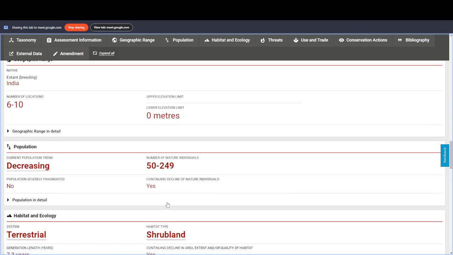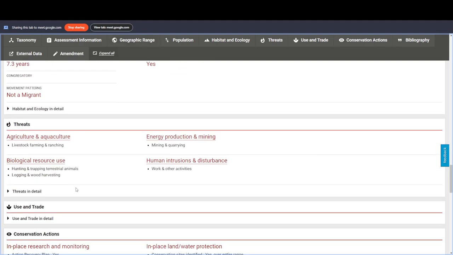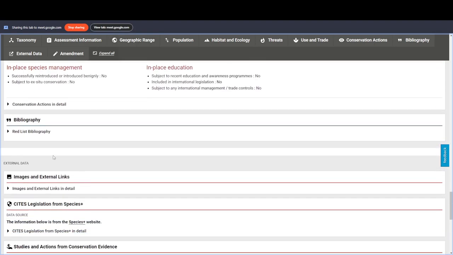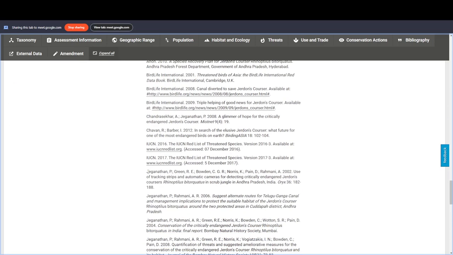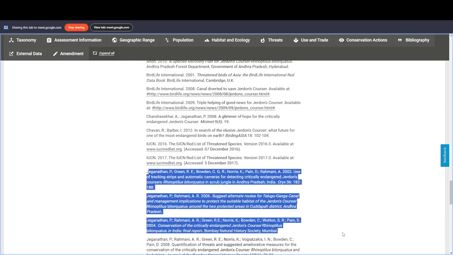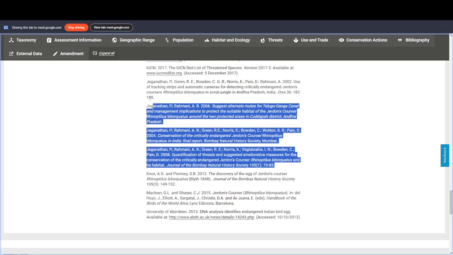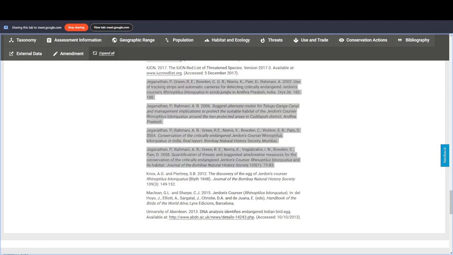And you have various ways in which you can look at different metrics of this particular species, population trends, where they are found, what the threats are, etc., and then you will have the citations to whatever studies have been done. So Dr. P. Jagannathan is one of the people who was last involved in studying the Jordan's Courser in detail, right?